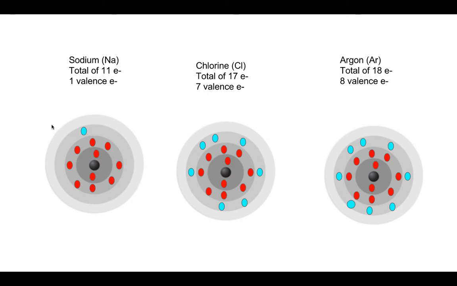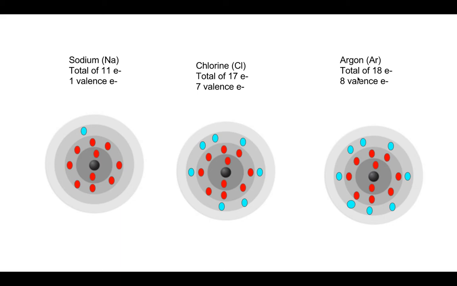No, because it only has 1 electron in its outer shell, and that outer shell could fit 8 electrons. Chlorine has a total of 17 electrons and 7 valence electrons in its outer shell. Is chlorine happy? No, because chlorine wishes it had 8 electrons in its outer shell.